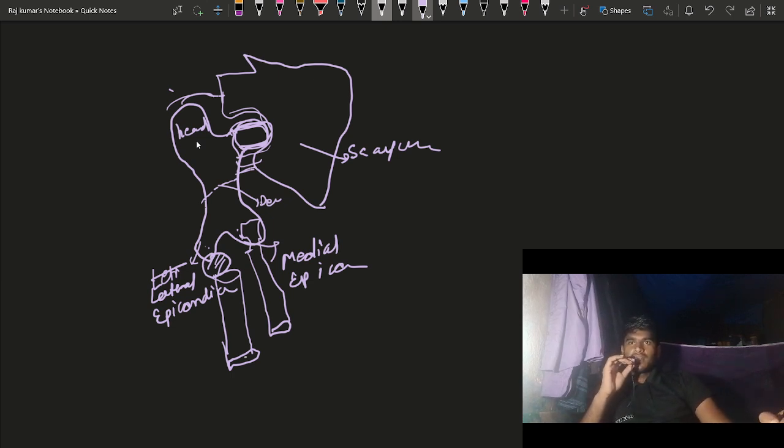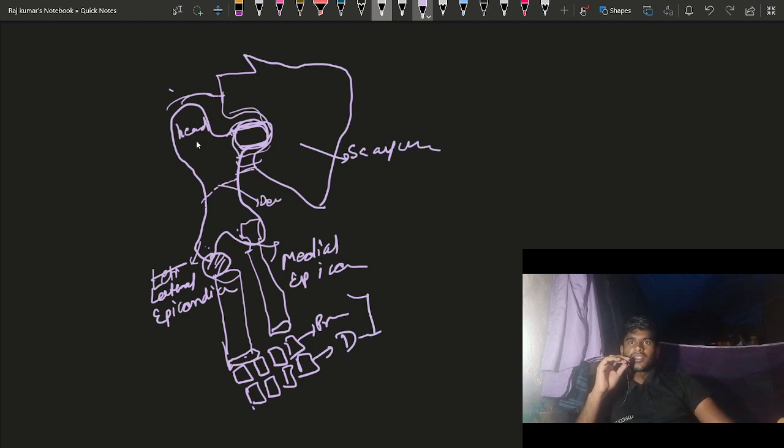And then after that there are eight small bones. So this is proximal and this is distal. Both are called carpals. And then there is this type of structure here. There are 5 structures, 1 2 3 4 and then 5.